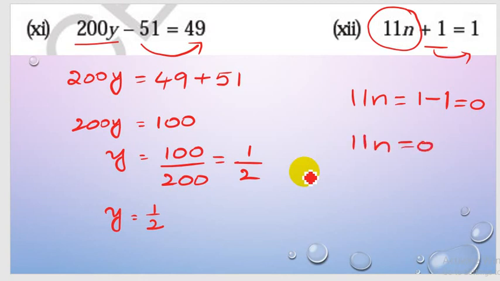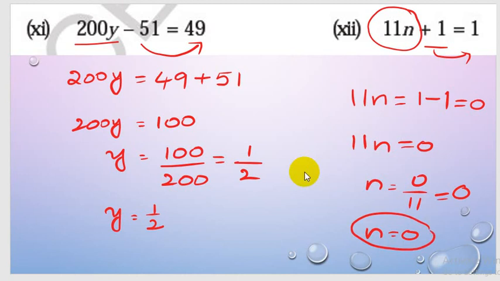So 11n is equal to 0. So n is equal to 0 by 11. You have already learnt that 0 by anything other than 0 is 0. So the value of n is 0, right? Likewise we can find each and every equation.